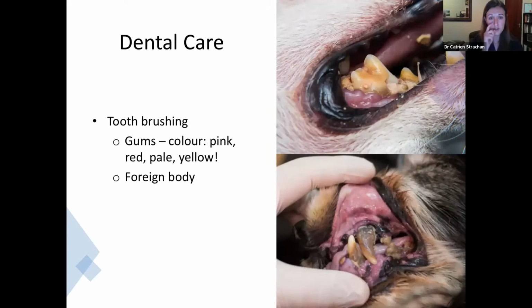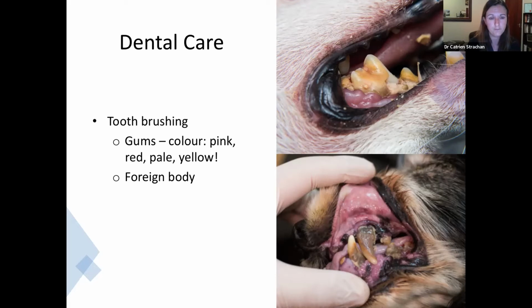Toothbrushing is also a good time just to observe things in your dog's mouth that might give you a clue that something could potentially be wrong. Something you can monitor is the color of your dog's gums. A normal healthy dog should usually have pink gums, but if you are brushing your dog's teeth and you see, oh, these gums are looking really red, or they're looking quite pale or even yellow, then there could potentially be something wrong.